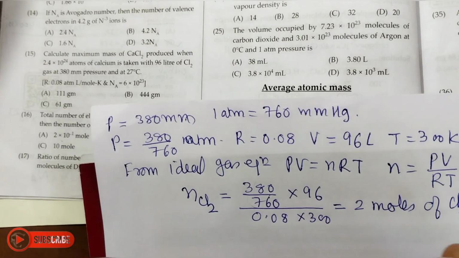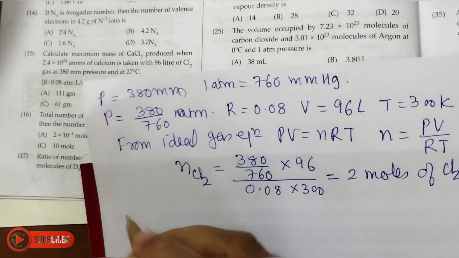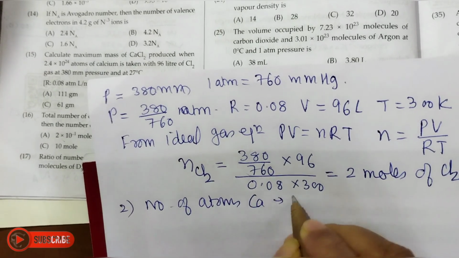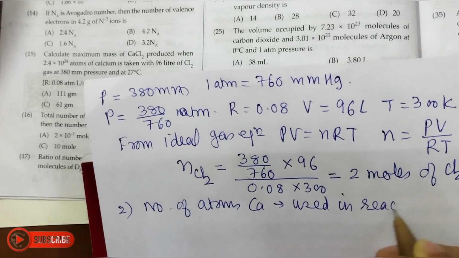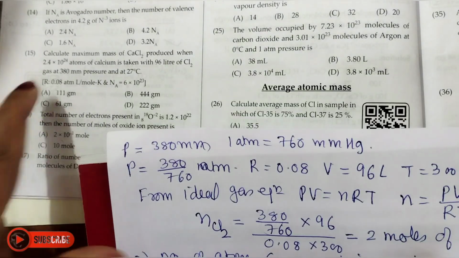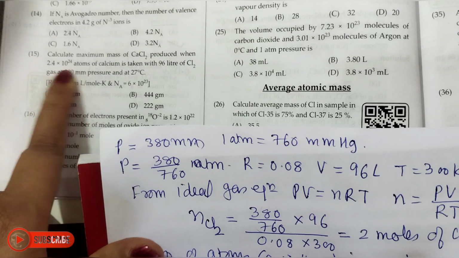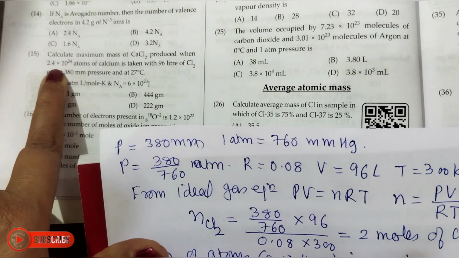Now let us calculate the number of atoms of calcium which are involved in the reaction. So the second calculation will be the number of atoms of calcium that are used in the reaction. Let us see the atoms they have given of calcium, that is 2.4 into 10 raised to 24. By seeing this value, what you can take help of is Avogadro number.